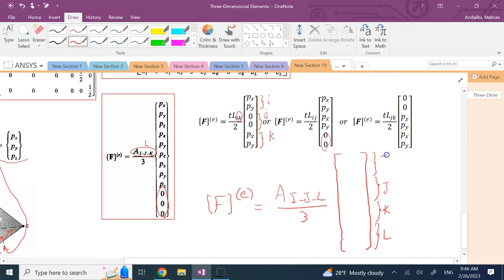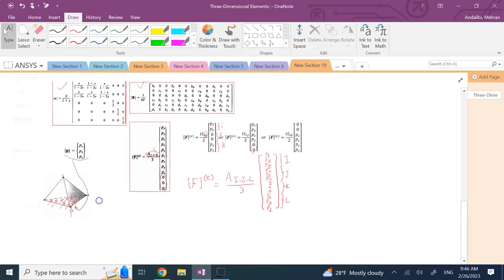Of course, K. So you will have Px, Py, and Pz, again Px, Py, and Pz, then 3 zeros, and then again Px, Py, and Pz.